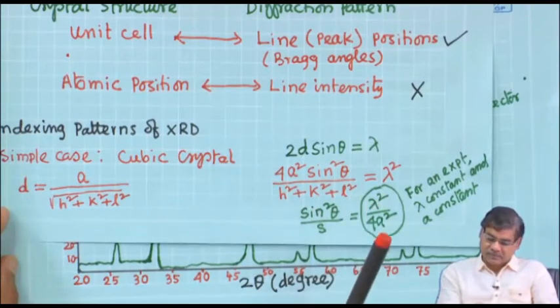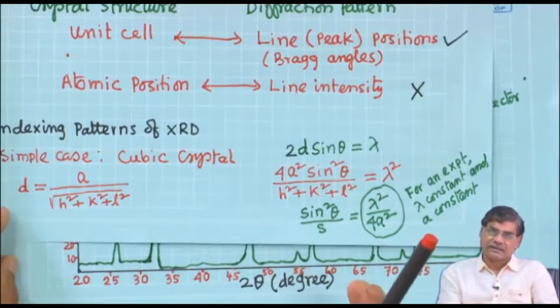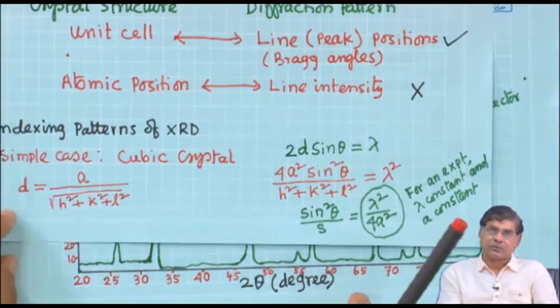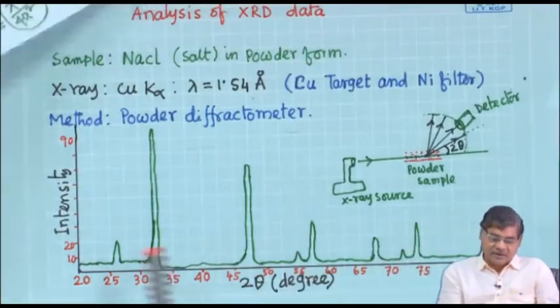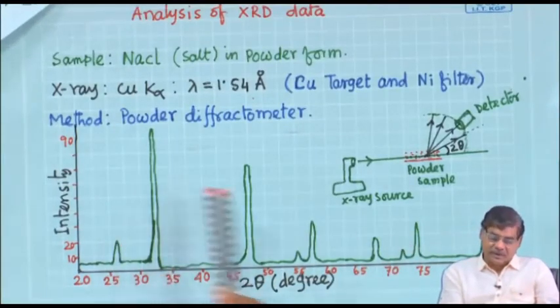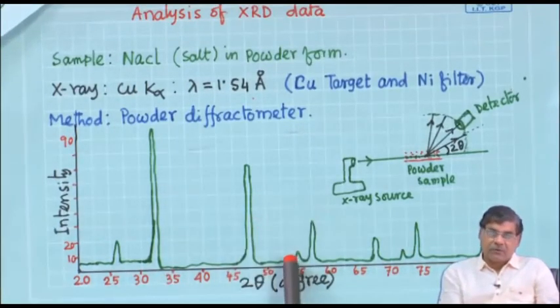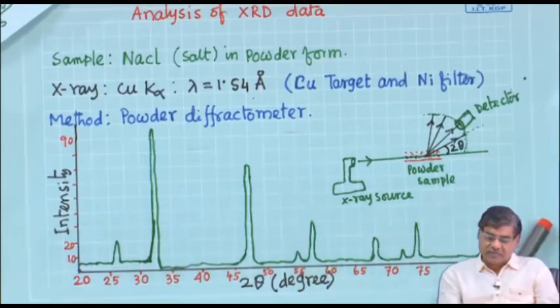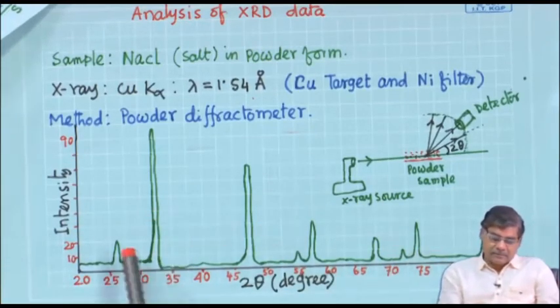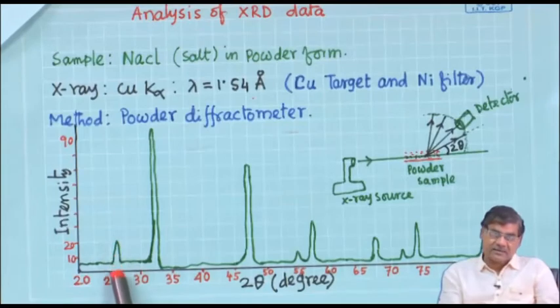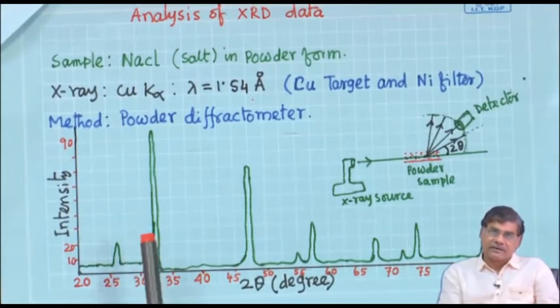We can call this peak number 1, peak number 2, peak number 3, 4, 5. So, these are the peak numbers and these peaks have this angle, 2 theta. From there we can find out theta.